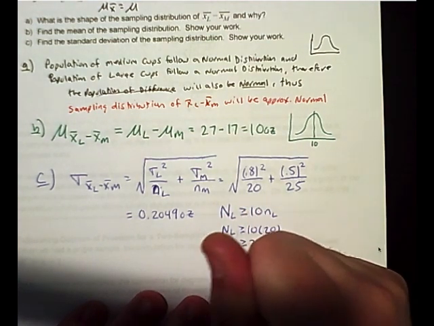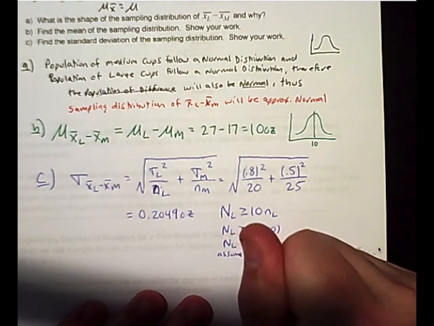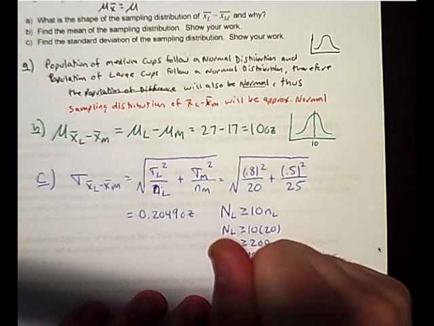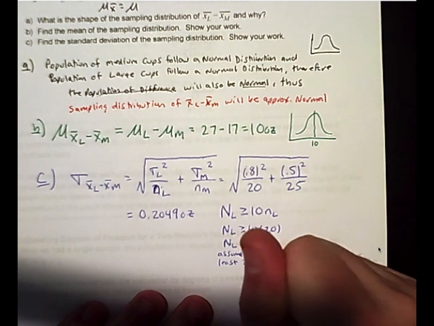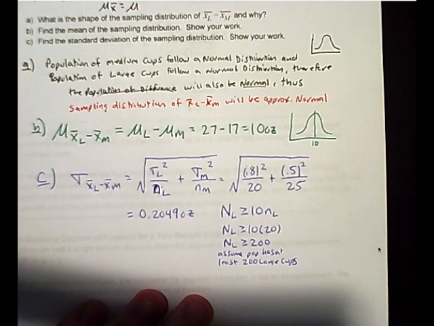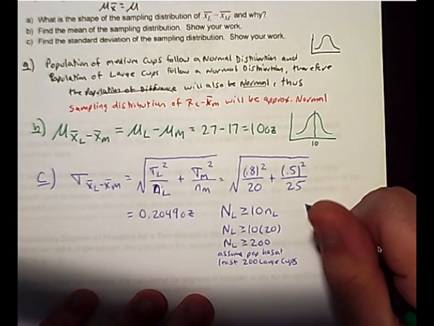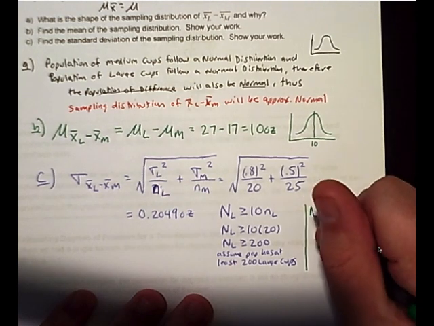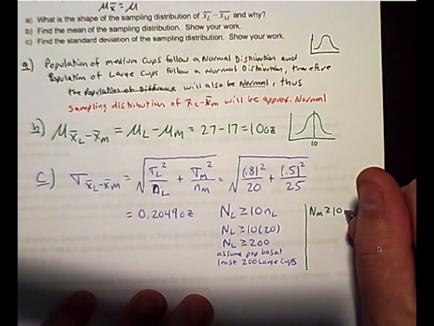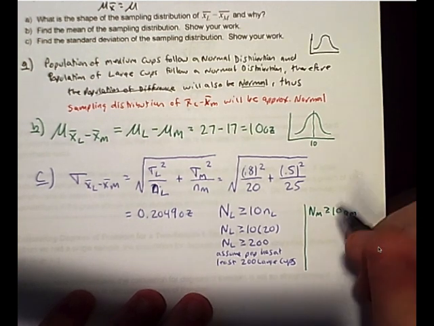So we're going to assume the population has at least 200 large cups, and that the population of medium cups is at least 10 times the sample size of medium cups.